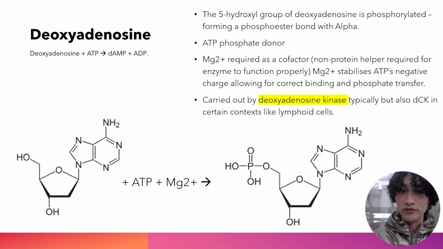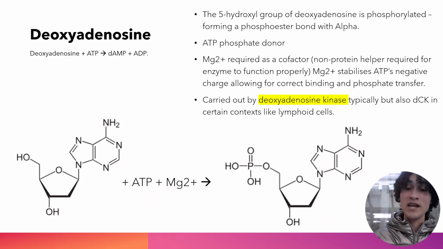Okay, and I'll talk about the role of magnesium later, but magnesium is not used up or consumed in this process, right? It's a cofactor. Now my little icon is actually covering up the rest of the equation, but as a byproduct we get adenosine diphosphate. And that makes sense because ATP has donated a phosphate.